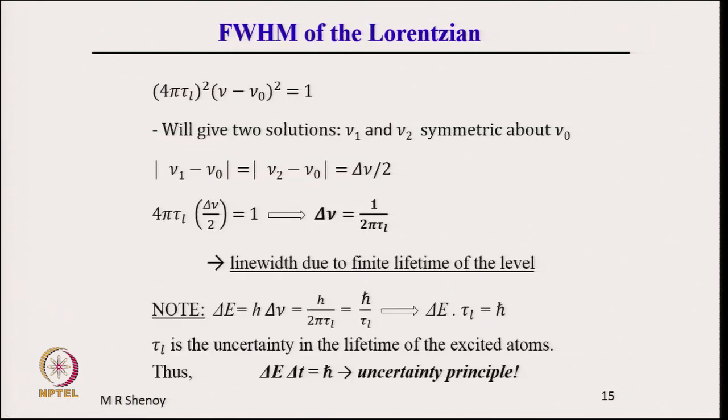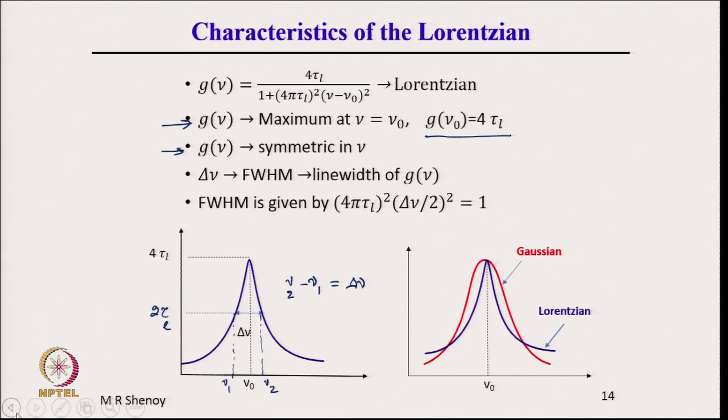Yeah, the full width at half maximum of the Lorentzian is given by this term equal to 1. Why is that? Look at this term. If this term becomes 1, then we have in the denominator 2. So, 4 tau L divided by 2 is half of its value.